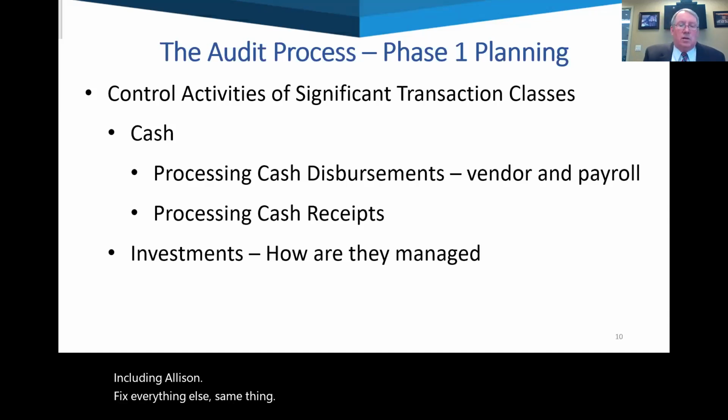Cash receipts: how are the cash receipts taken in? There's a variety of different ways that could occur. Especially with cash receipts, we may initially give the treasurer the checklist, but we may find that the cash receipts related to the schools are taken in over here, because of the size of the schools and everything else.